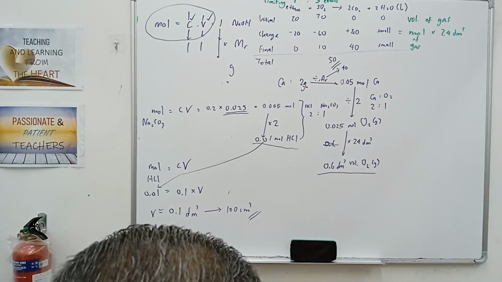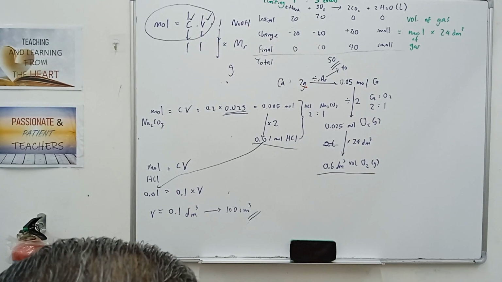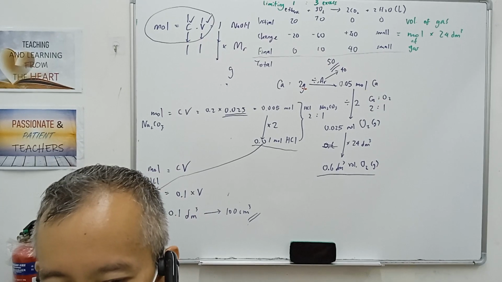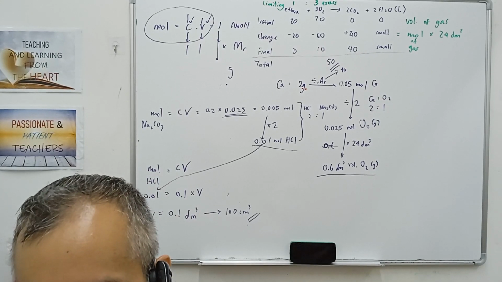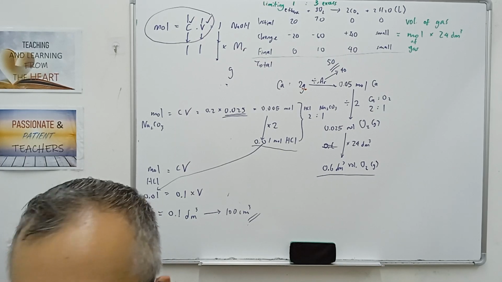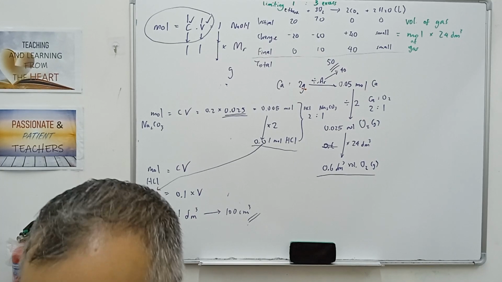Okay? Hannah? A. Yes, A. 17, the answer should be A. Concentration times volume will give you mole. Mole times MR will give you mass. Anybody need to write out? Question? Okay, great.